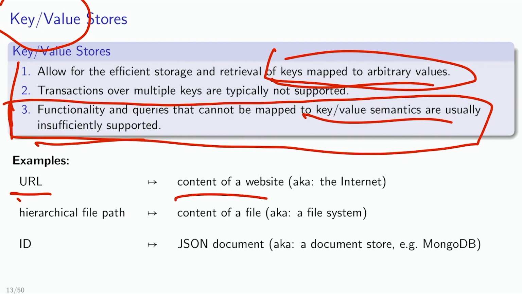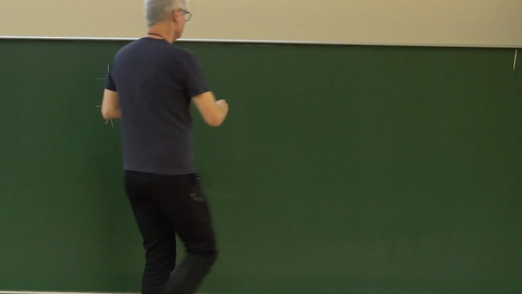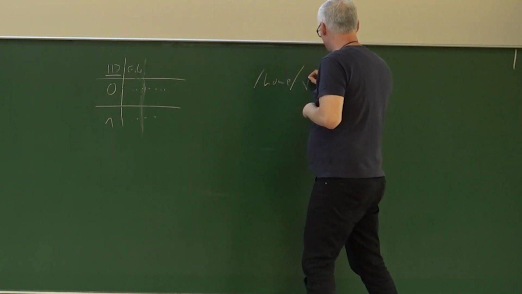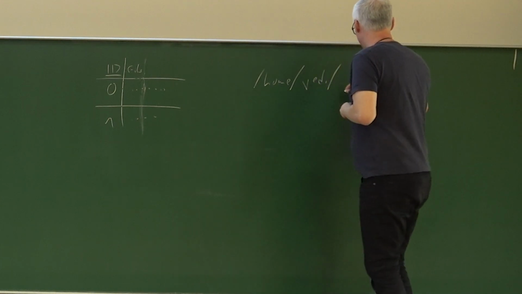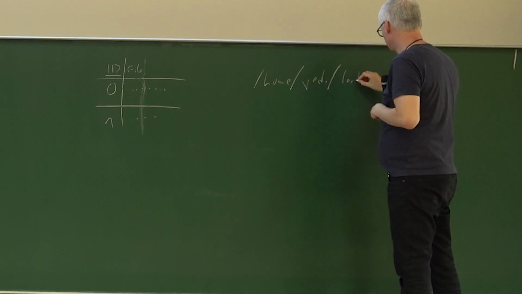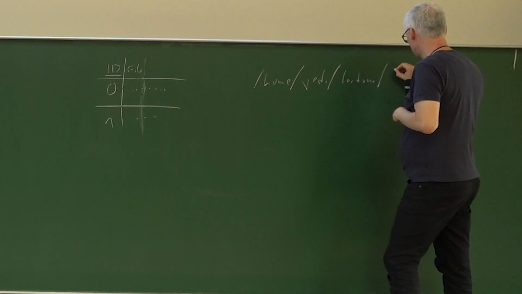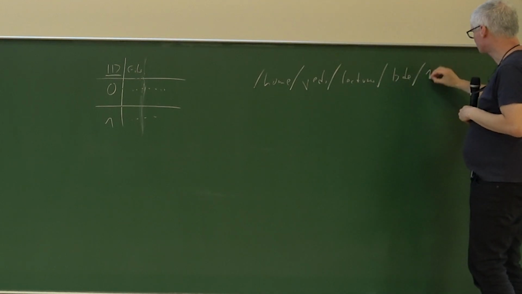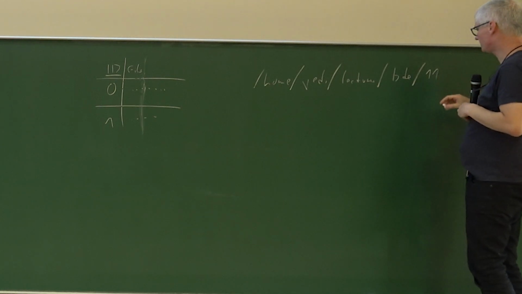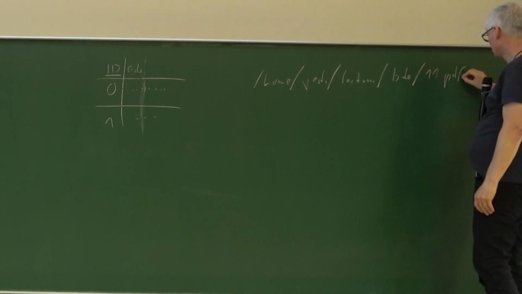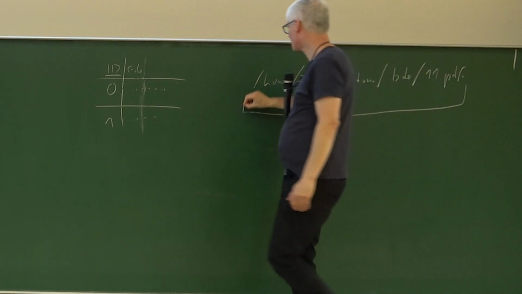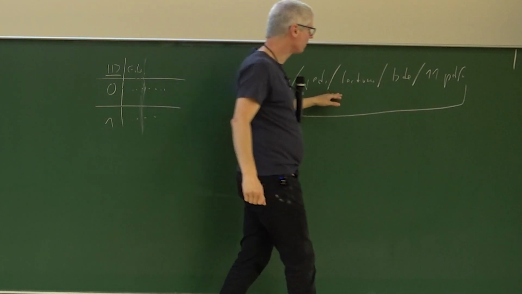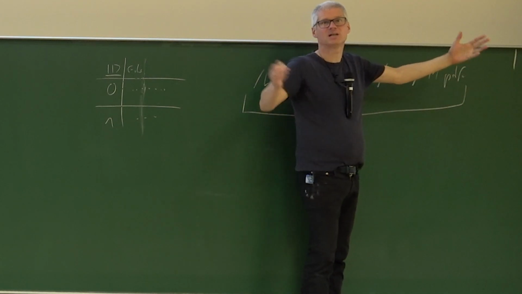So the key is really something like home, lectures, BDE, 11.pdf. This thing is a key. It's a hierarchical key concept, but who cares? Come on, it's a string. I don't care. And the value of that, well, that's the contents of the PDF. It's a key value store.